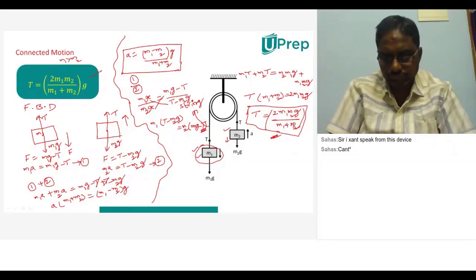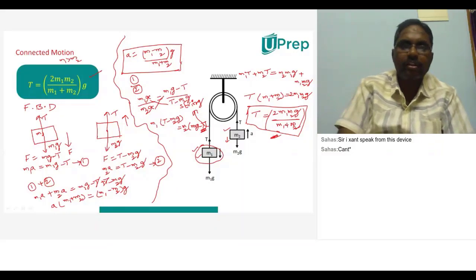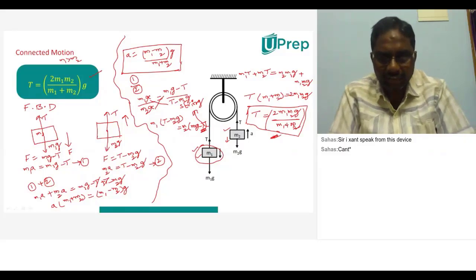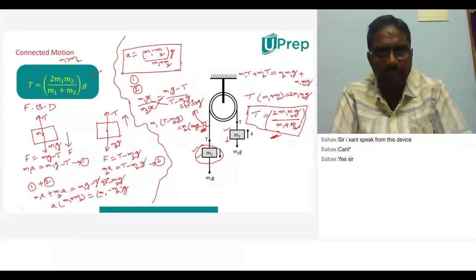Sir, Sahas is also available in the class. You can even ask him. Okay, sir. But I asked him, he is not replying. Okay, let me ask again. Sahas, are you there? Sahas? Yeah, he is available. Sahas, are you not able to use your device mic to speak? He is not giving a reply, sir. Are you not able to see the public chat, sir?